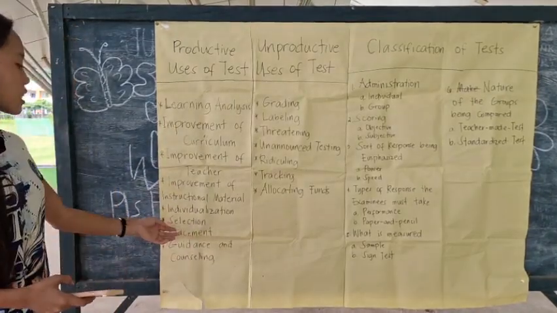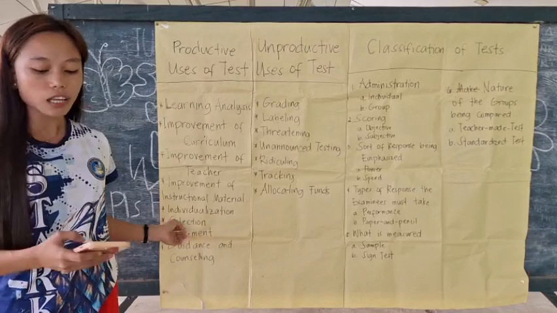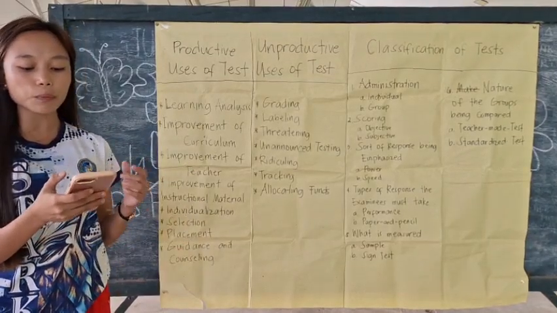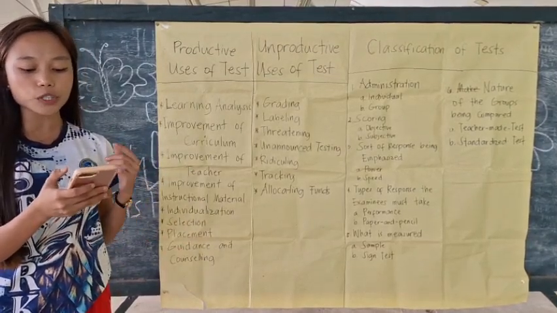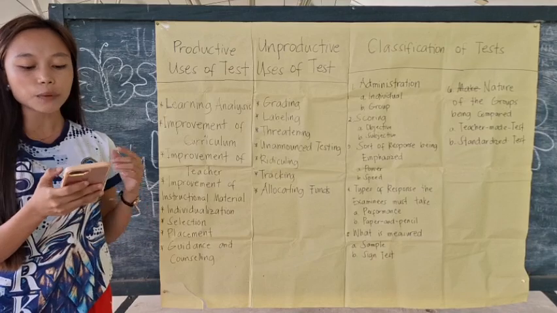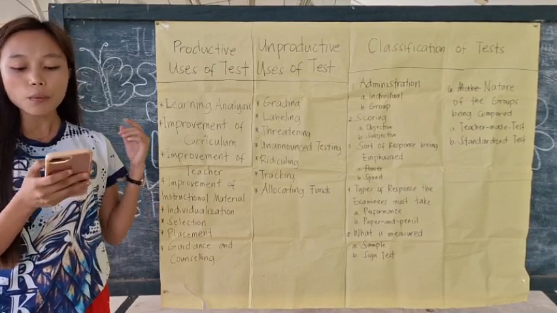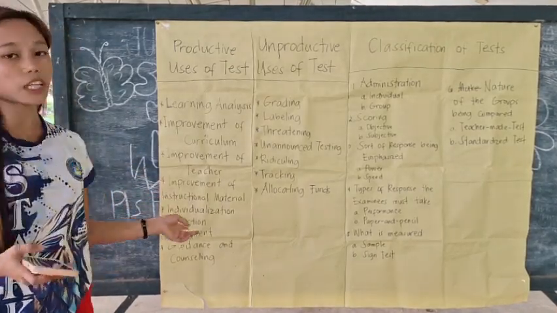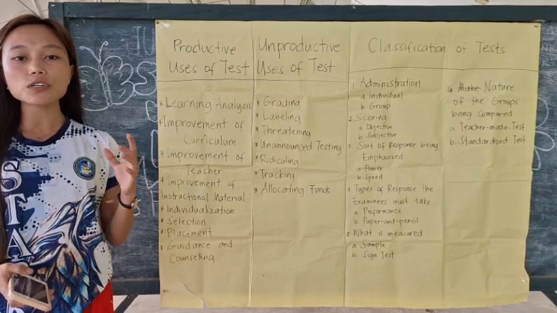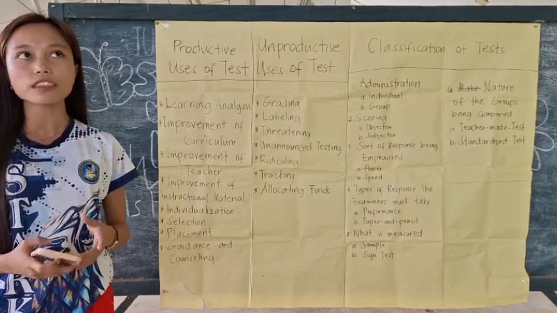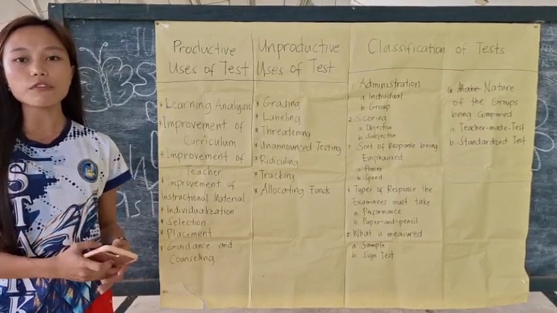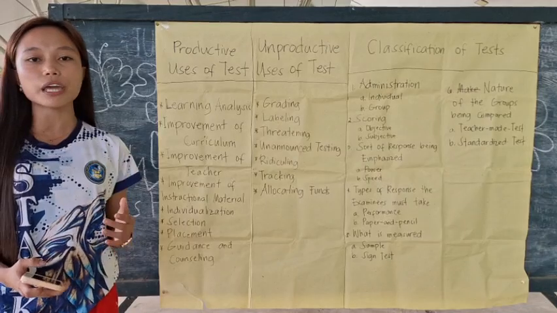So next is selection. What is selection? Selection: when enrollment opportunity or any other opportunity is limited, tests can be used to screen those who are more qualified. So selection refers to choosing the appropriate type of test based on the purpose of the assessment and the abilities being evaluated.